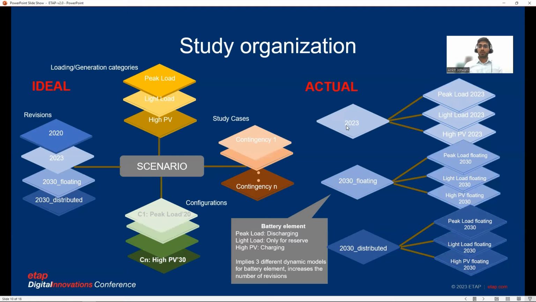That's why for each of the years, we ended up with different revisions to have the right battery model selected for the case.